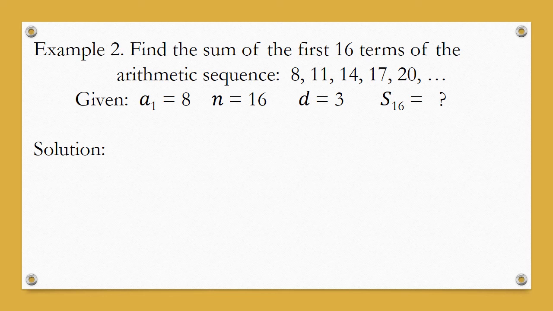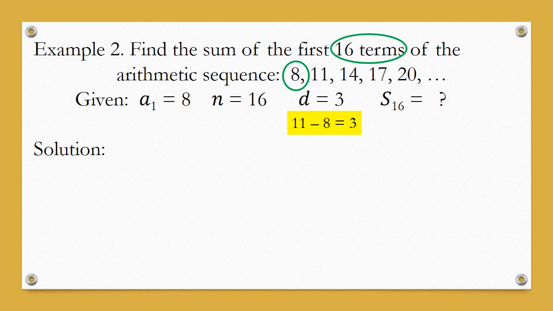So, again, let us know or alamin ang given. So, 8 is the first term or a sub 1. Then, 16 is the number of terms. And to get the common difference, subtract mo lang ang 11 minus 8 or 14 minus 11 at 17 minus 14.